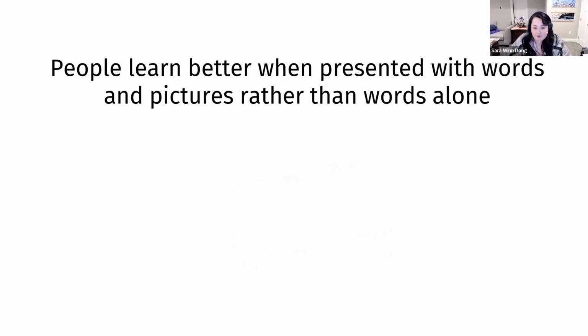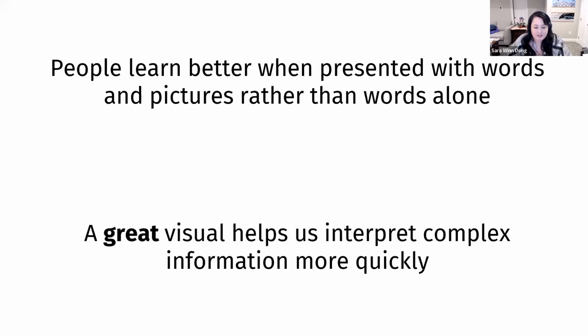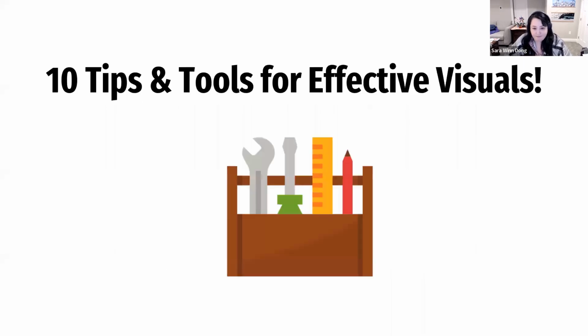We're not going to dive too much into theory, but I think sometimes mentioning some of the principles that underlie why infographics work is useful. This is quite simple, but people learn better when they are presented with words and pictures rather than words alone. And so to me, a great visual helps us interpret complex information more quickly.